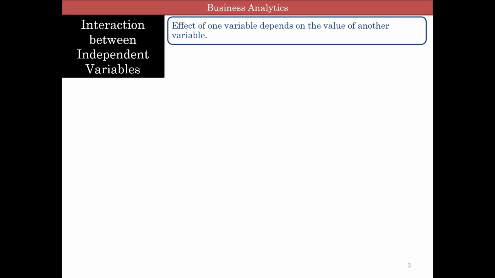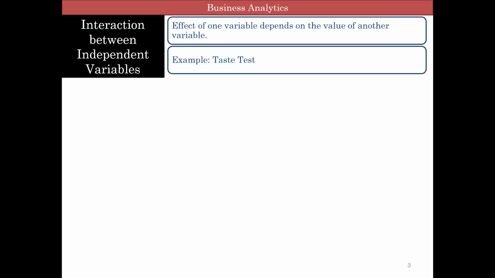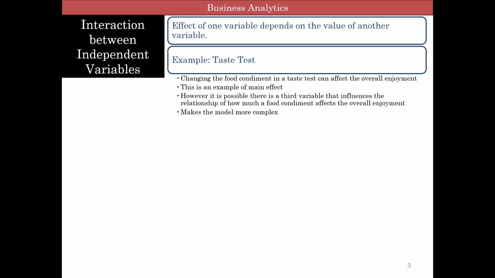And we did this when we did ANOVA. Remember ANOVA, we did a taste test and we looked at the impact of a food condiment on enjoyment. But the food condiment's effect on enjoyment depended on the food. So mustard on hot dogs increased overall enjoyment.